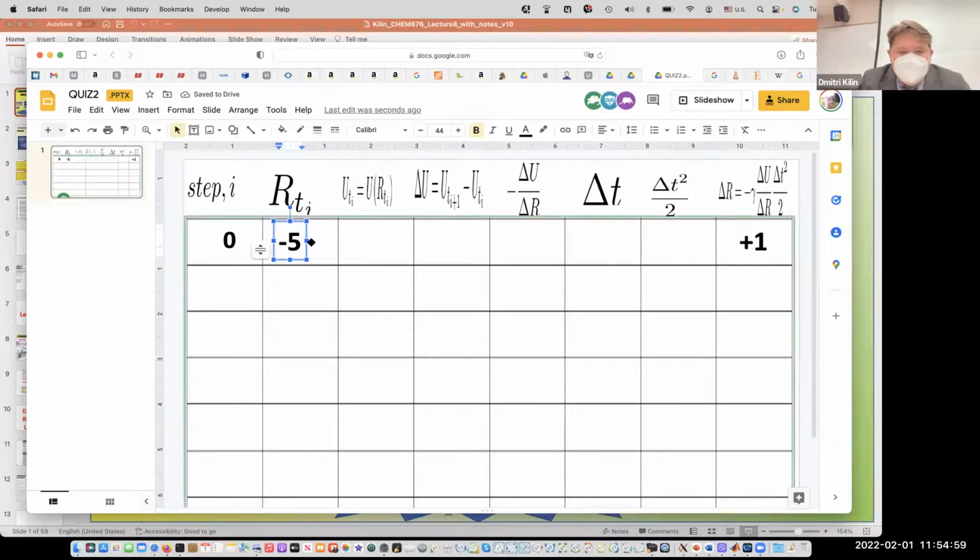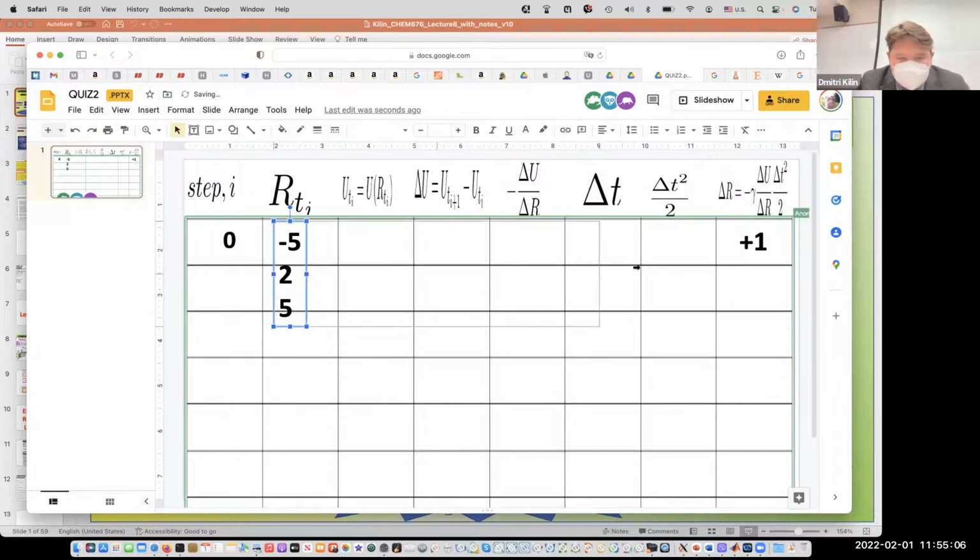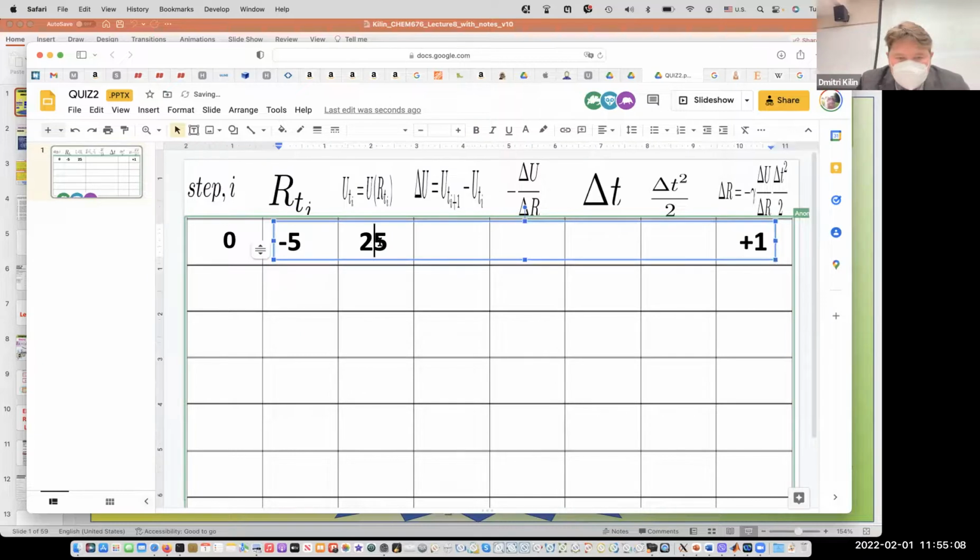So u of -5 will be 25. Delta u is too premature. We need to do one more step. Delta t is always square root of 2, so that our delta t squared over 2 will be 1.